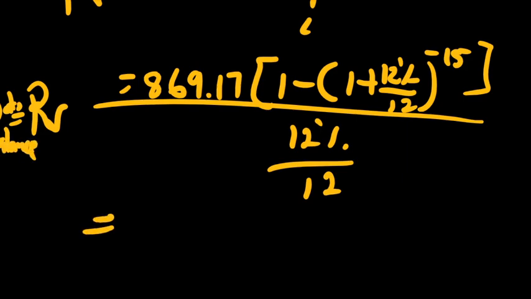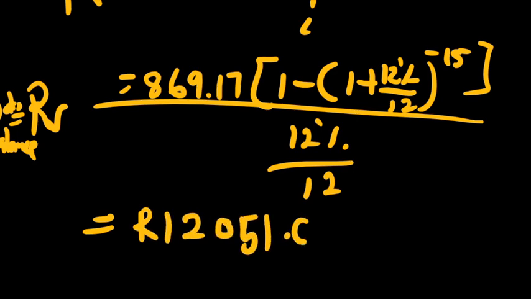What is your PV? So please punch through your calculator. So it's 869.17 into 1 minus (1 plus 12% all over 12) to the power of minus 15, and then divide by 12% over 12. So I'm getting an outstanding balance of 12,051.09.